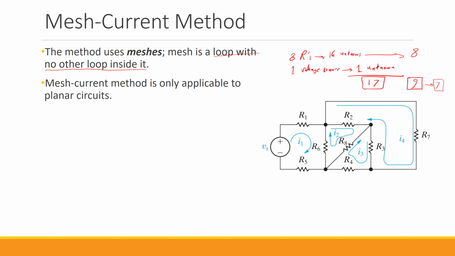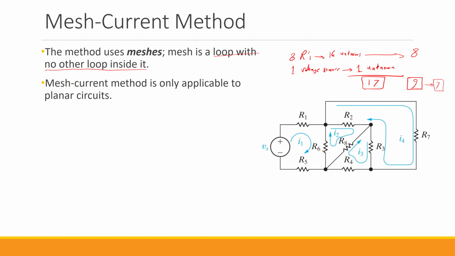So one thing that might cause a question is that let's say for the first mesh, we have I1 going through R1, R5, and Vs, right? Because for these, there is no other current that can go through them.